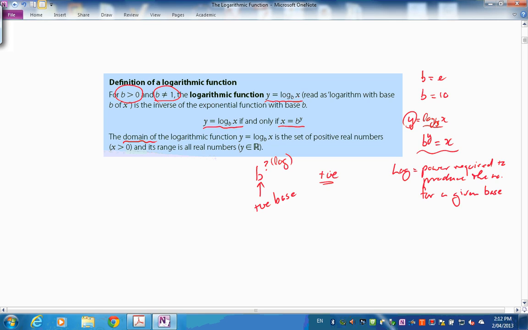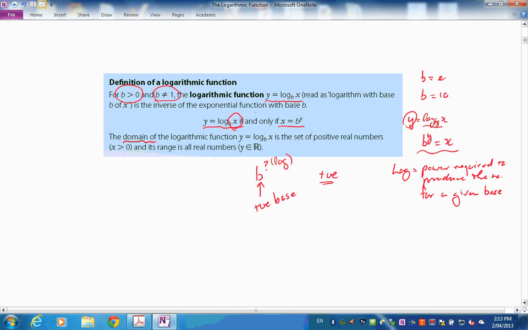So you actually can't find the log of a negative number, because the base b will be positive from our exponential functions, and when we raise it to any power, it will produce a positive. So here, the only number we can put in place of x there is a positive number. You can only find the log of a positive number. So that's going to restrict the domain.